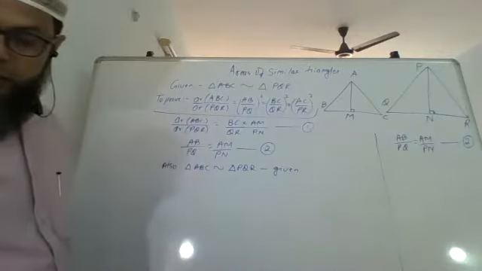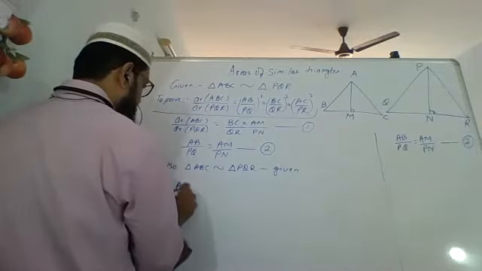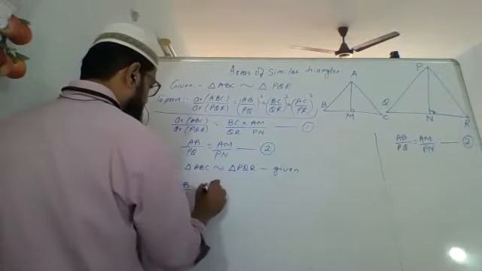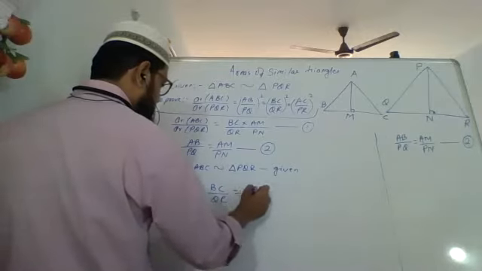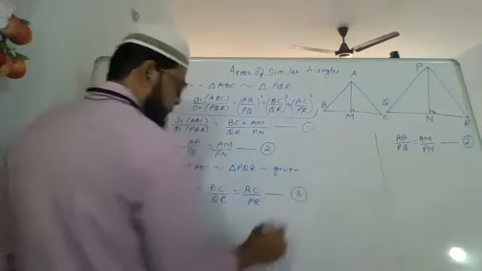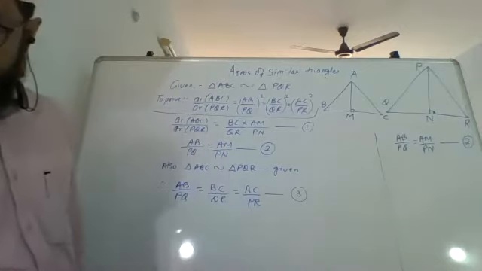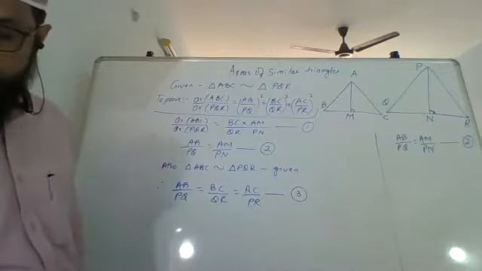Therefore, AB upon PQ equals BC upon QR equals AC upon PR. Call that number 3.